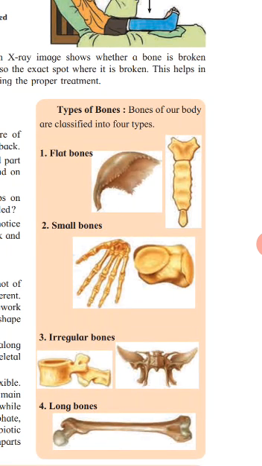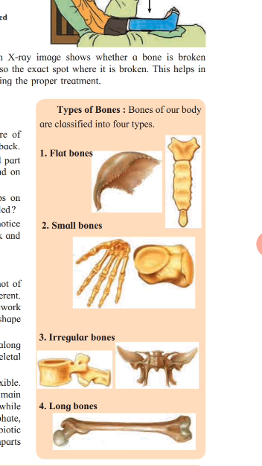First is flat bones. You can see the flat bones. They are very flat. Then small bones. You can see them in the hand, the fingers also. Very small bones are inside the fingers. If you touch the fingers, you feel the bones. Then next is irregular bones. Irregular means what?